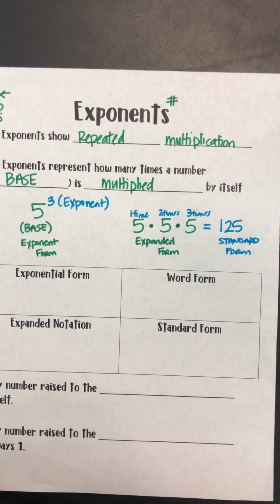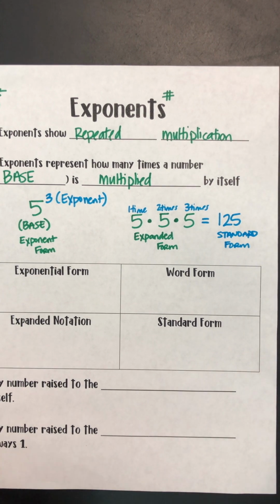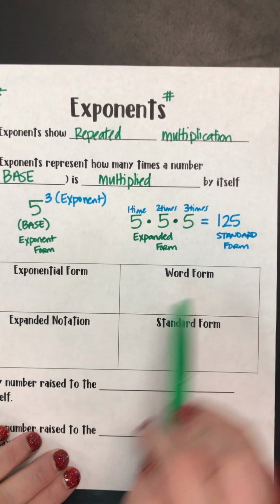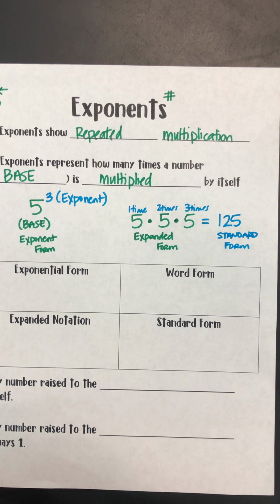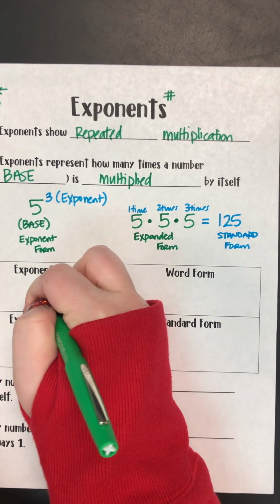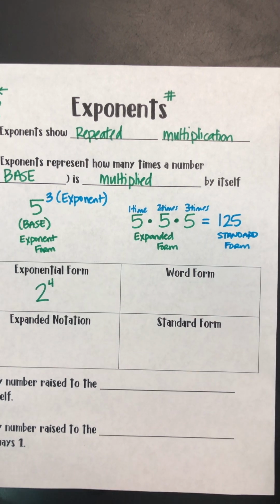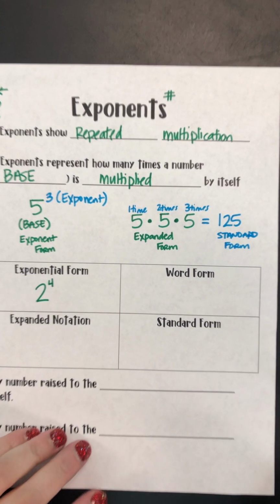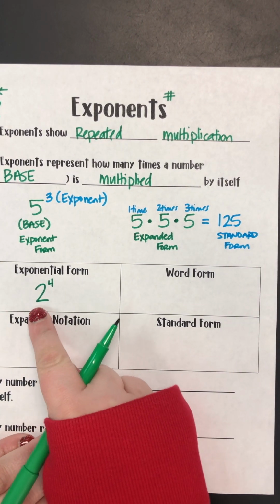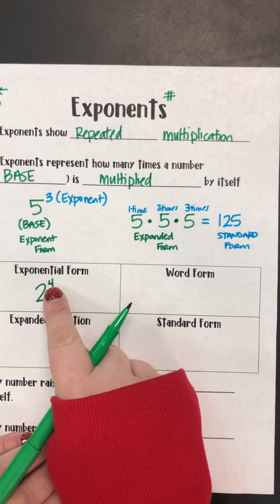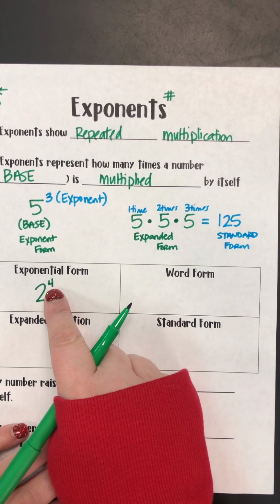Okay? So we're going to do one more example. And this time we're going to write it all in our boxes. So this time let's do 2 to the power of 4, or 2 to the 4th power. Our base number is 2, and our exponent says we're going to write that 2 4 times.